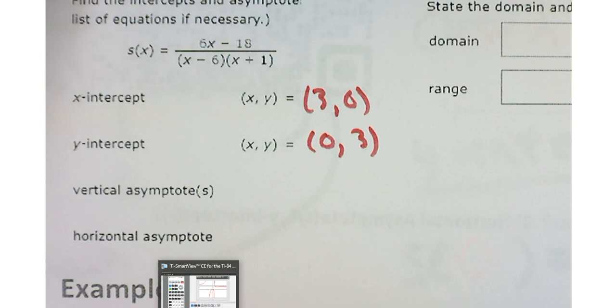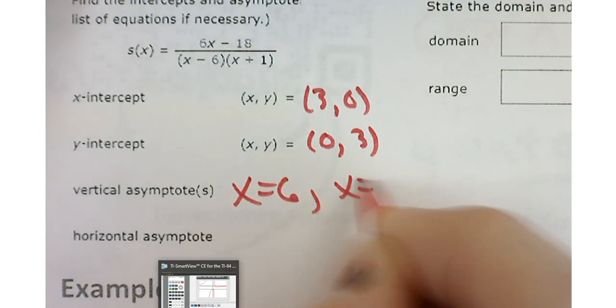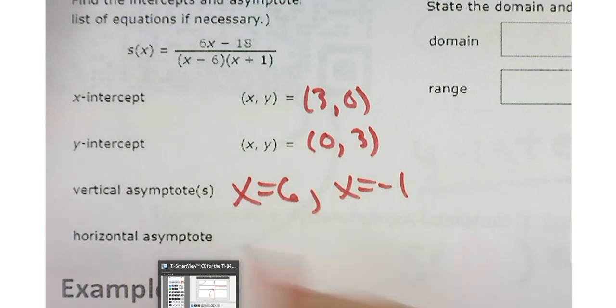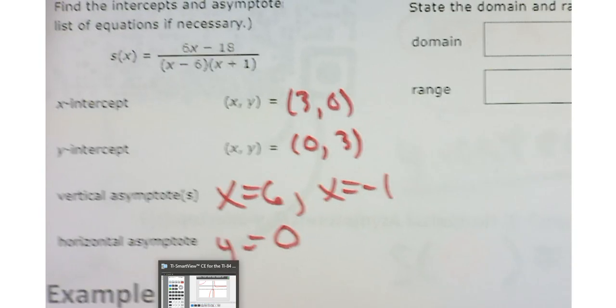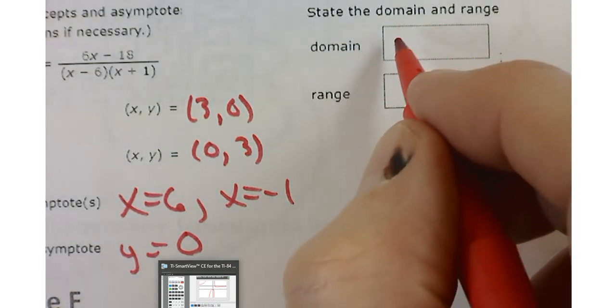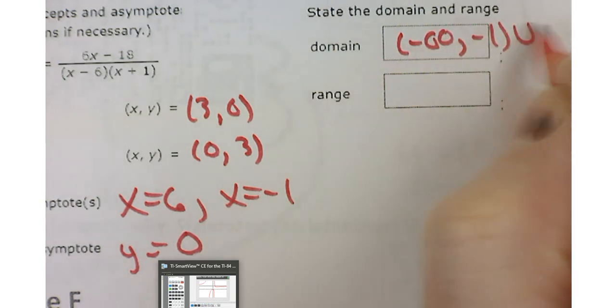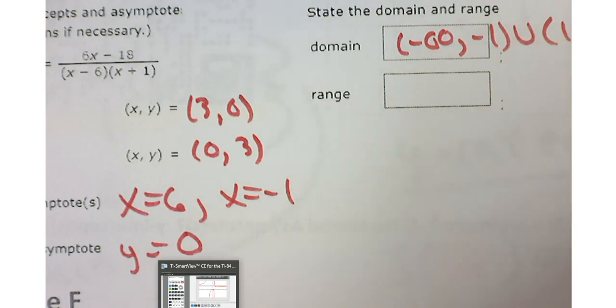Vertical asymptotes were when x equals 6 and x equals -1. The horizontal asymptote was y equals 0. But how about your domain and range? We've already done the domain. That was -infinity to -1, -1 to 6, and 6 to infinity.